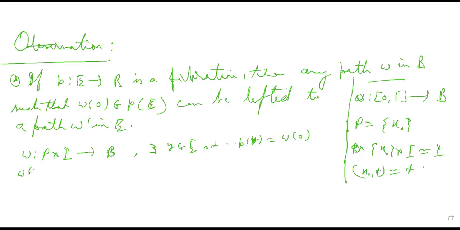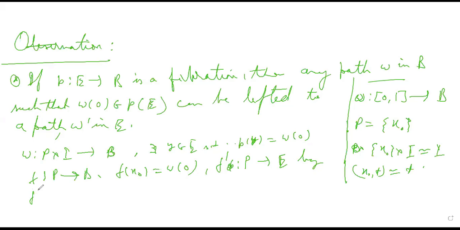Here F you can treat to be a map from the singleton to B, with F of X naught equal to omega 0, and F prime you can define again from the singleton to E by F prime X naught equal to this y.